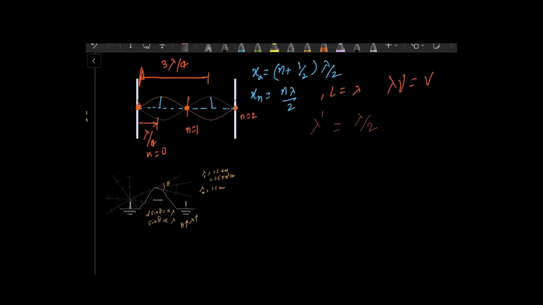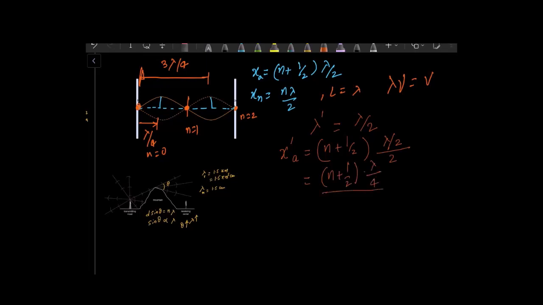So we can write the equation for the new antinode position x dash as n plus 1 by 2 into lambda by 2 by 2. So this is equal to n plus 1 by 2 into lambda by 4.